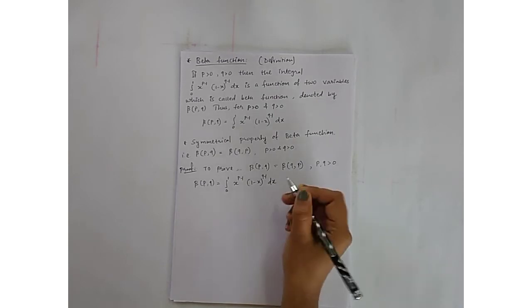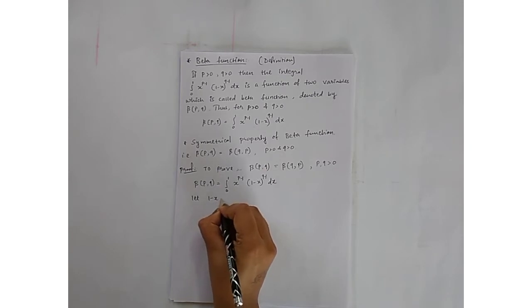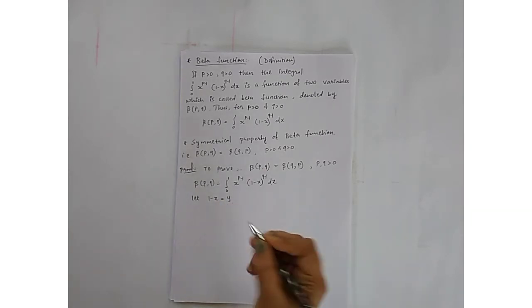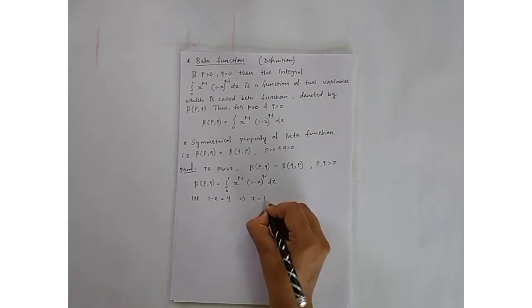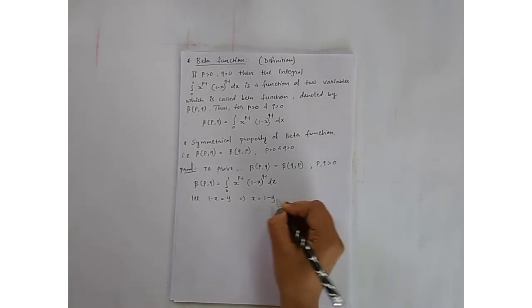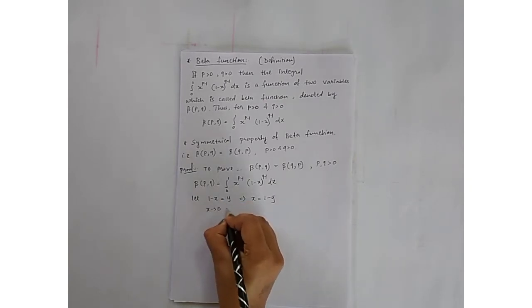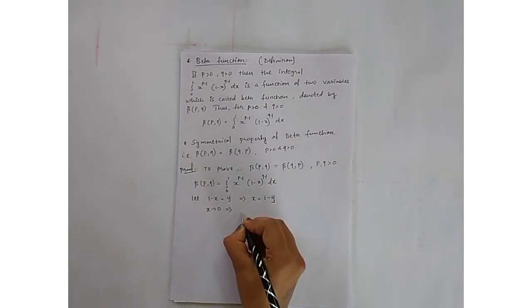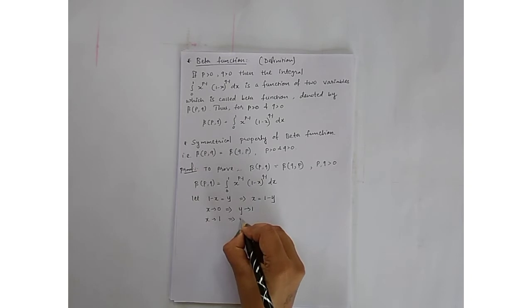into dx. Let 1 minus x is equal to y, which implies x is equal to 1 minus y. When x tends to 0, y tends to 1, and when x tends to 1, y tends to 0.